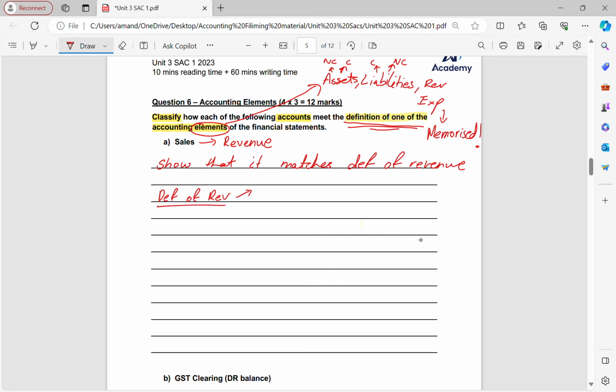Maybe let me just make this clear, because if you follow these simple steps, you should be able to get this easily. Okay, definition of revenue. First thing which you guys should understand, it's an inflow of economic benefit.